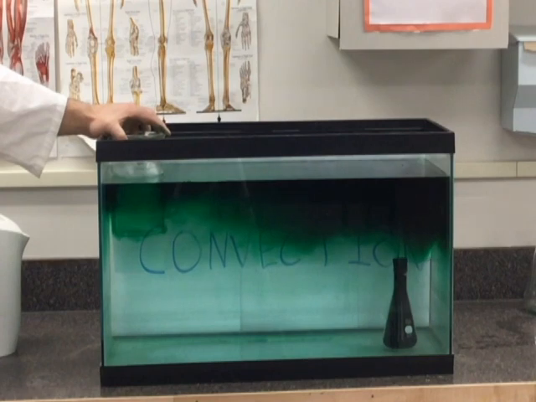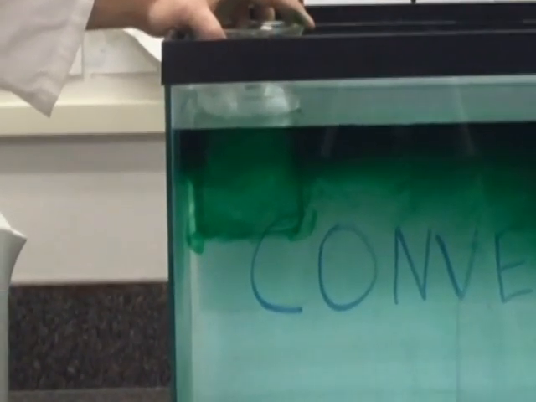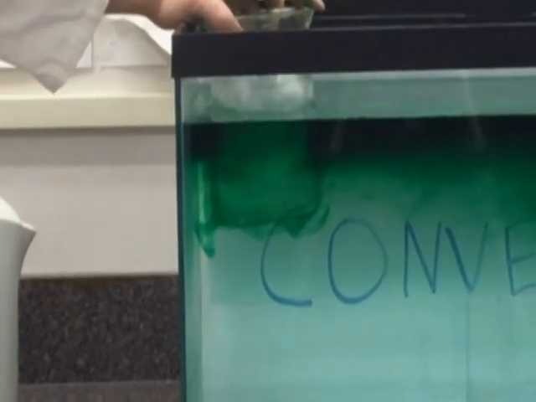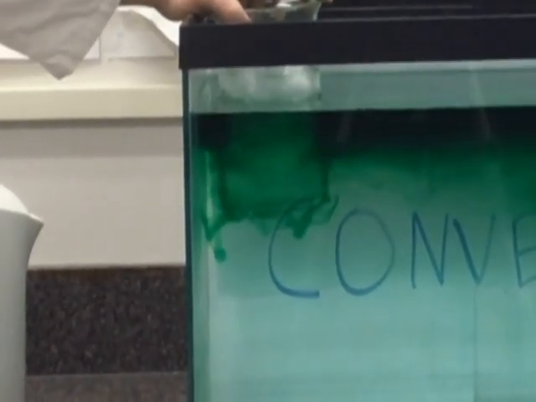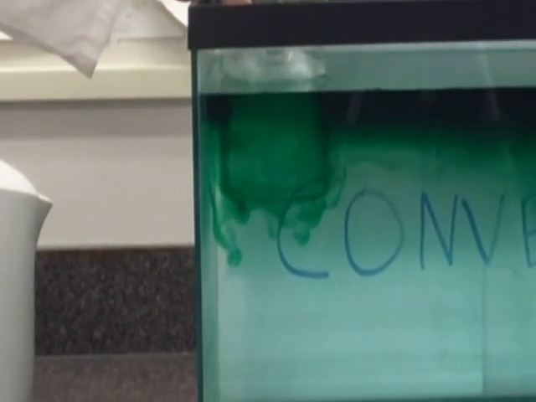And if we look closer here, what we're going to see is small streaks of the green water starting to come down. So once again, they're cooling off and they're going to sink down to the bottom.